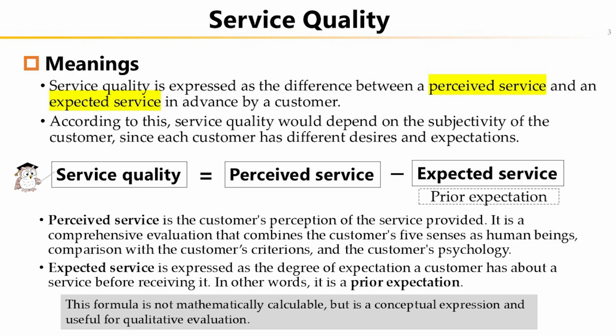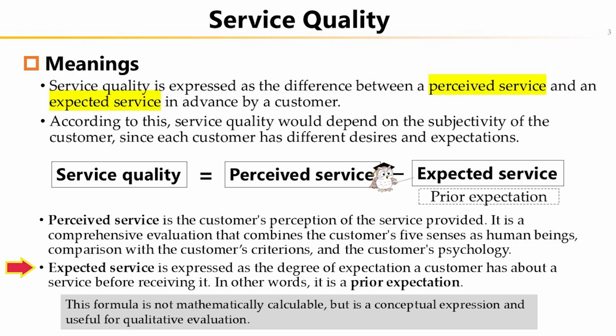The left-hand side represents the service quality. The perceived service on the right-hand side is the customer's perception of the provided service. It is a comprehensive evaluation that combines the customer's 5 senses as human beings, comparison with the customer's criteria, and the customer's psychology.